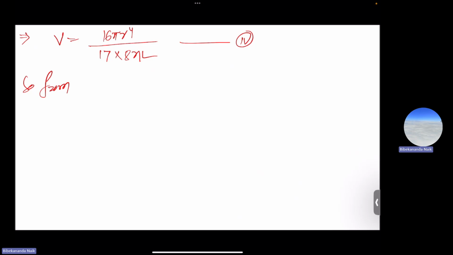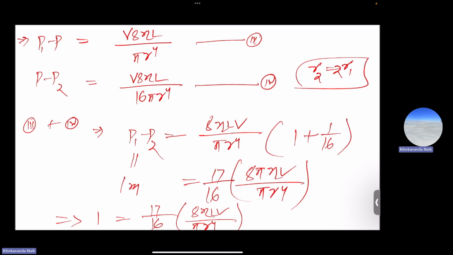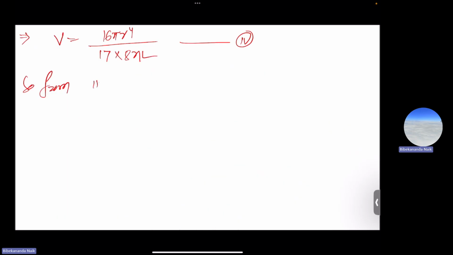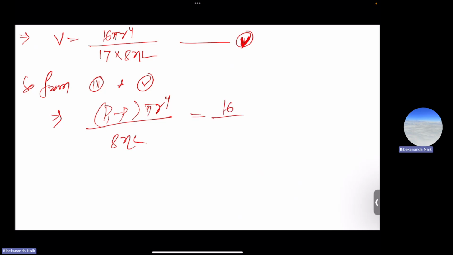So from equations 1 and 3, what will we get? P1 minus P pi r to the power 4 divided by 8 eta L equals 16 by 17 pi r to the power 4 divided by 8 eta L. Now pi r to the power 4 gets cancelled, 8 eta L gets cancelled.